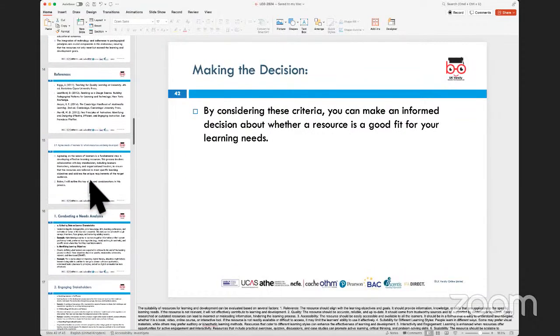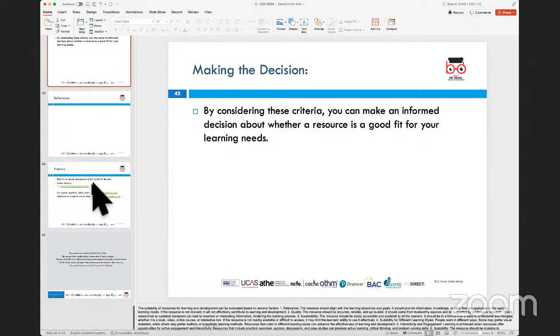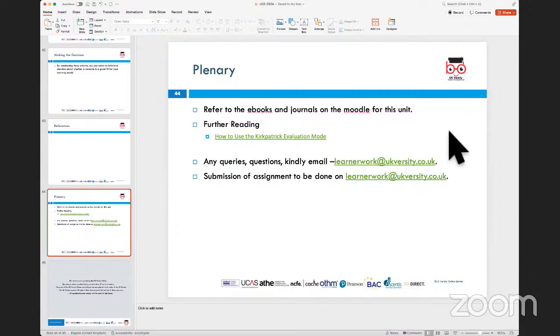And if you have any questions or feel that you need additional information, then my suggestion would be to head over to the plenary slide, where I'm going to include some articles and links to certain articles which would allow you to understand and read them in a bit more detail, so that you get a full grasp of what is required to develop resources for teaching and learning that meet the requirements of your learners.